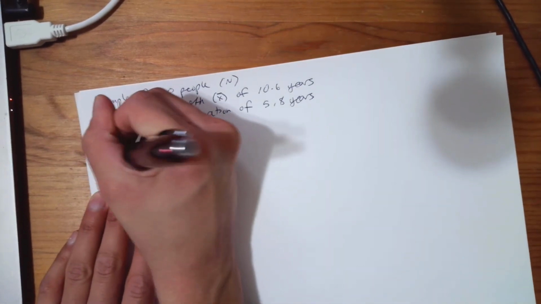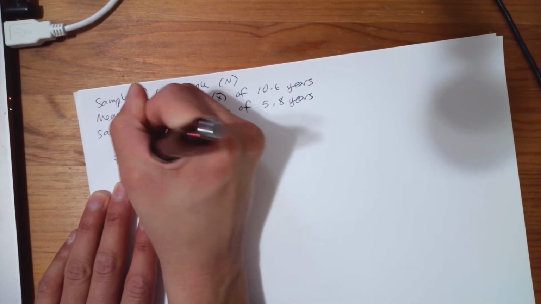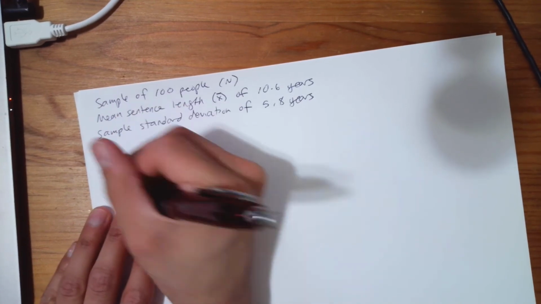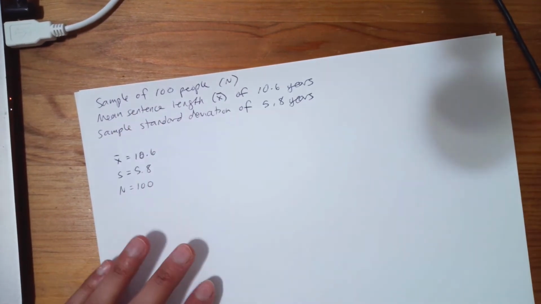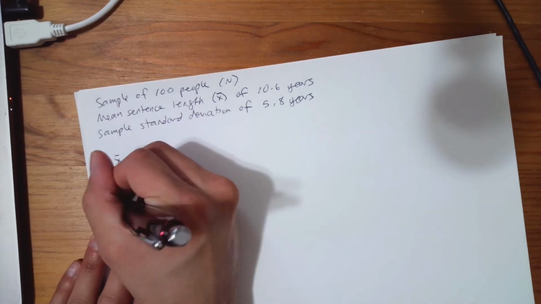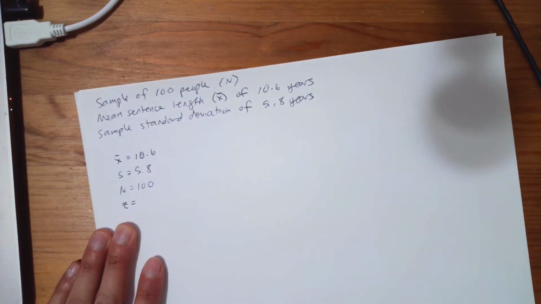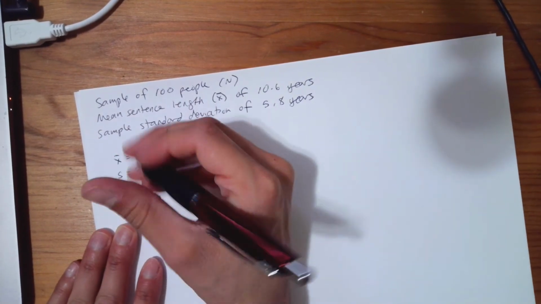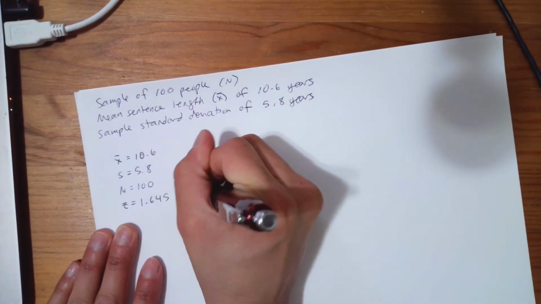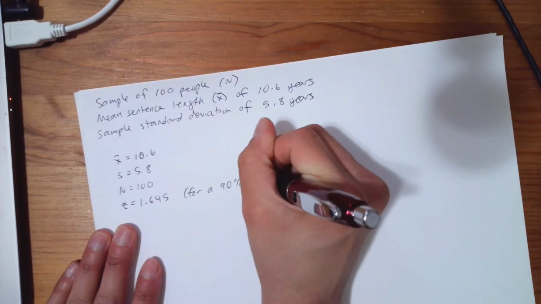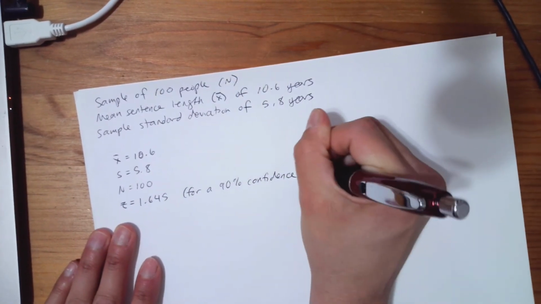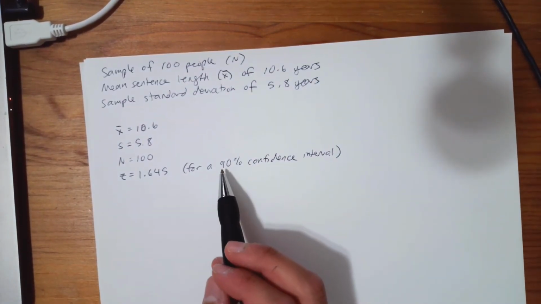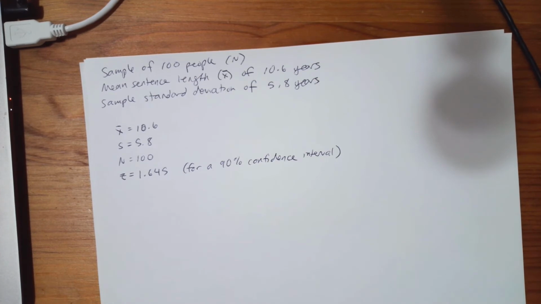So we have x bar is equal to 10.6. We have s, which is equal to 5.8. We have n, which is equal to 100. And we have our critical z value, which is always going to be equal to 1.645 for a 90% confidence interval. And again, that number would change if you were looking at, say, a 95% confidence interval or a 99% confidence interval.